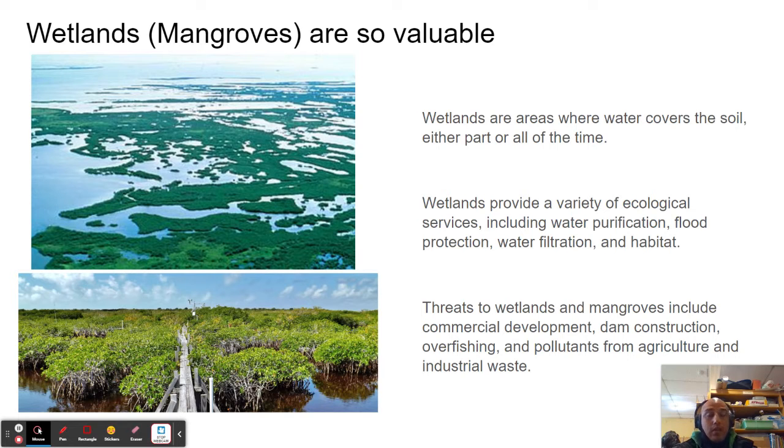The wetlands, aka the mangroves, provide so many service functions for us, and those are going to include flood protection. Why is it flood protection? Well, they're going to absorb a lot of that water. Let's say if the ocean or the river is surging, the wetlands are going to be able to absorb that water.